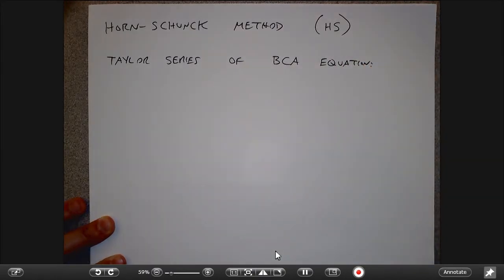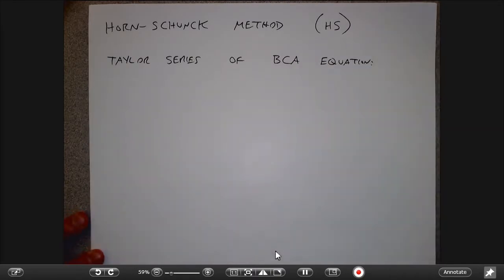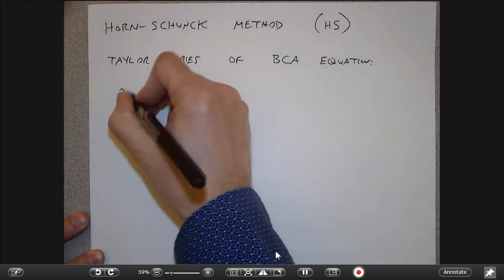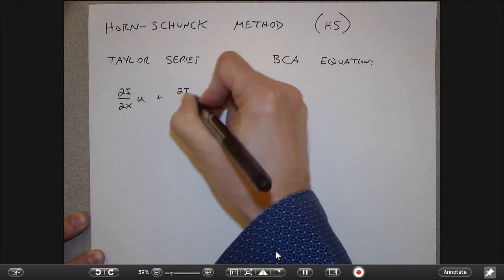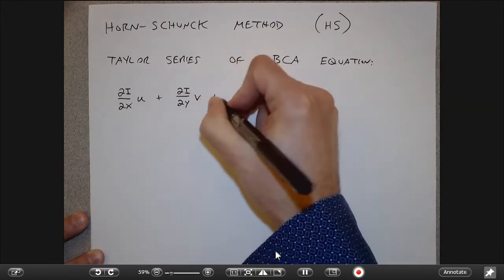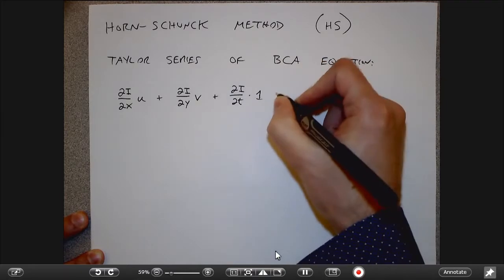well, let me look back at this for just a second. That's basically saying I'm going to have the derivative in x multiplied by this delta, the derivative in y multiplied by this delta, and the derivative in t multiplied by this delta, which is 1. So that's like saying di dx times u plus di dy times v plus di dt times 1.